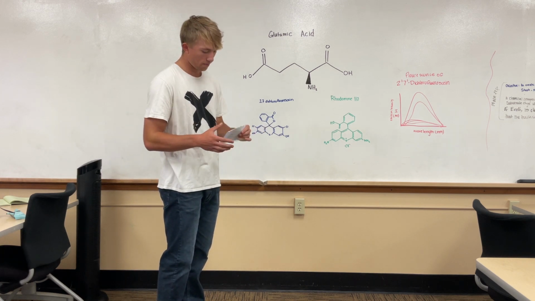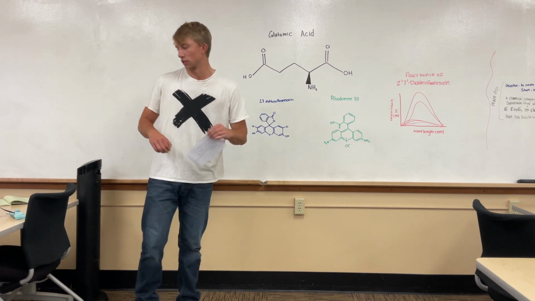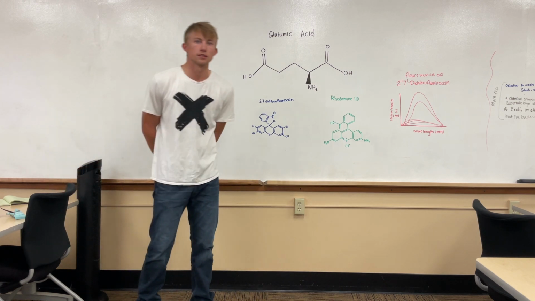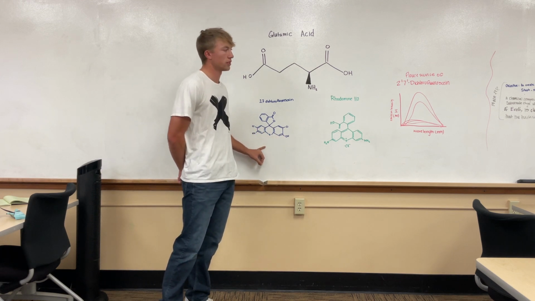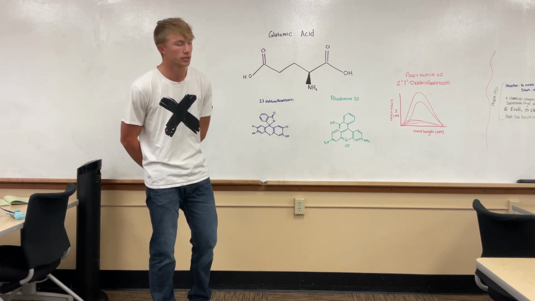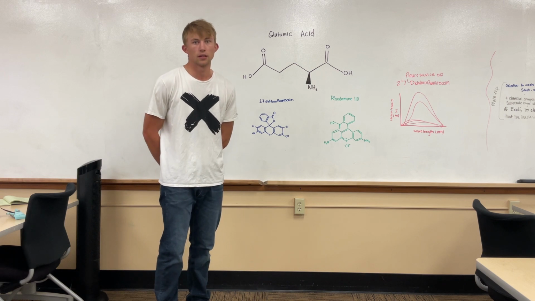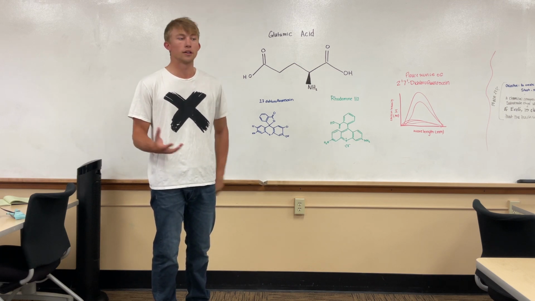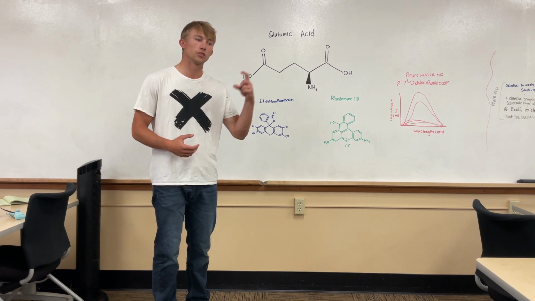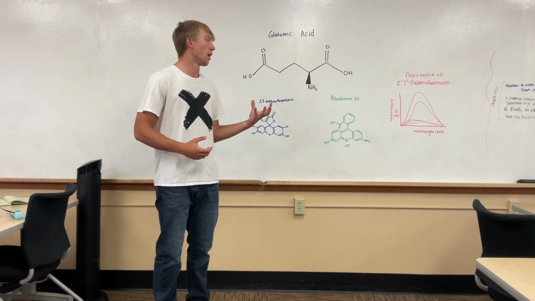Another thing we had some trouble with was that when we diluted our rhodamine 110 and 2,7-dichlorofluorescein, as well as Congo red and the other solutions, we kept the serial dilutions constant. We diluted them into 100 milliliters and then diluted 1 milliliter of that solution into 500 milliliters.